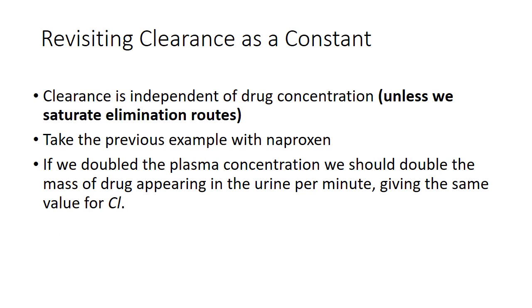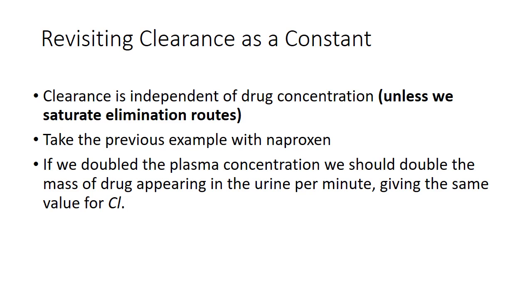It's important to understand, as I mentioned in the beginning, that clearance is a constant, as long as someone's physiology is not changing. It's independent of drug concentration unless we overdose, right? So again, all the constants are constants until something changes, like physiology, or if you go over the therapeutic range of the dose, if you overdose.